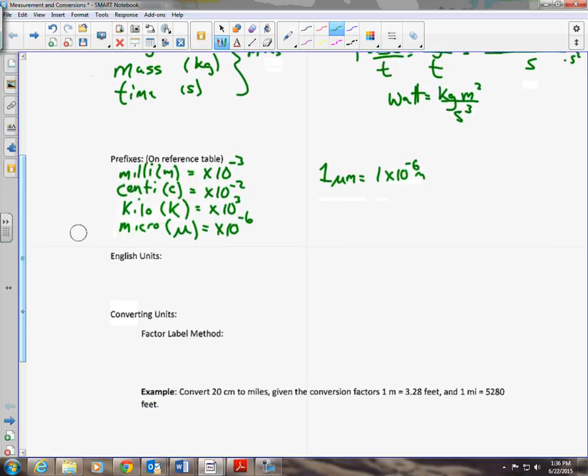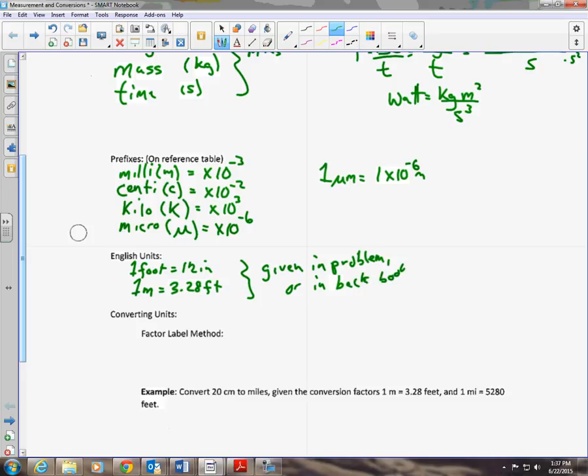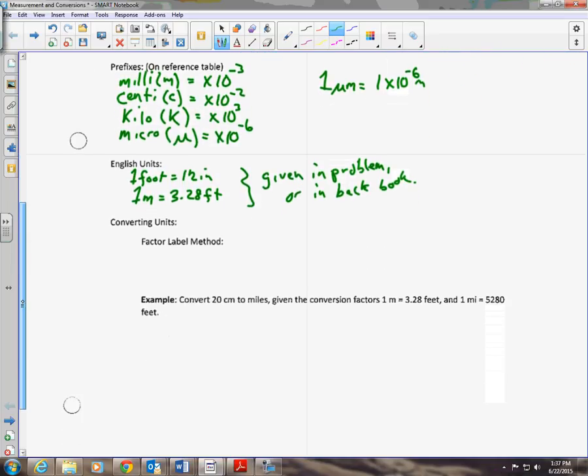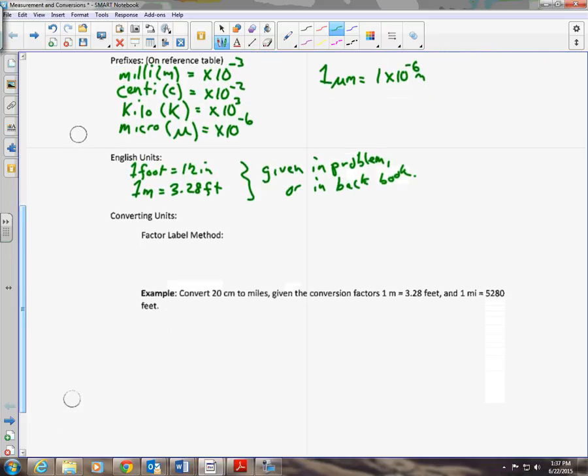Now, we might have to convert to English units as well, like inches and feet. So we might use 1 foot is 12 inches, or 1 meter is 3.28 feet. These will be given in the problem, or in the back of the textbook, on the very back inside cover. Now, converting units. Say we have to get from meters to inches.